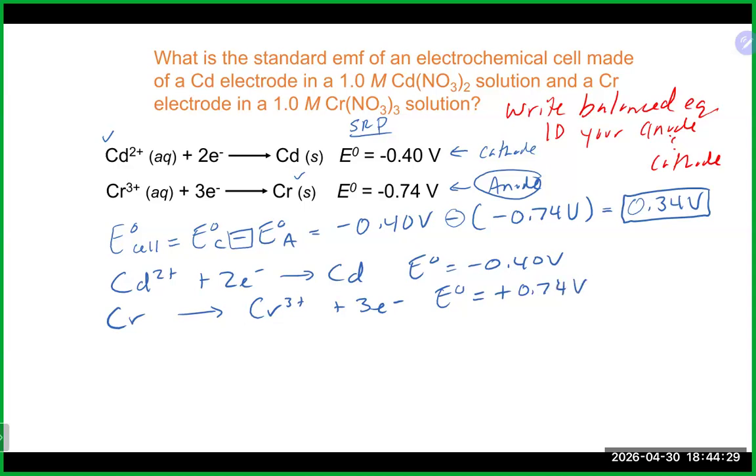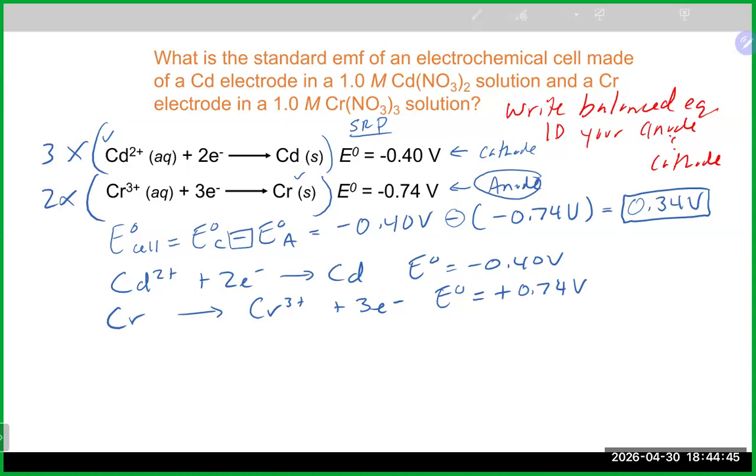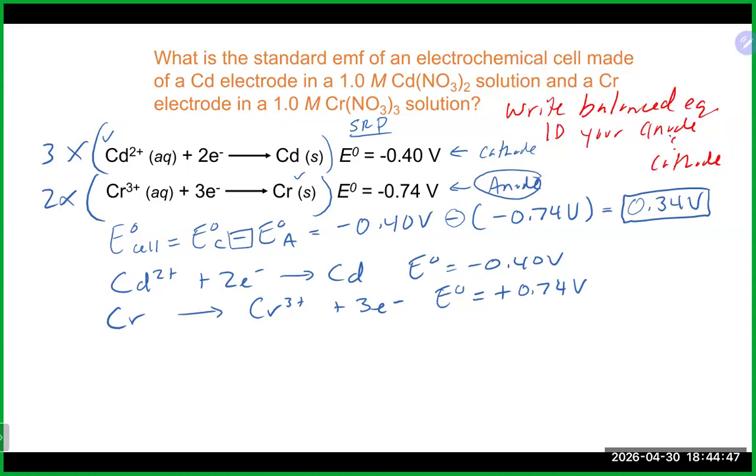By the way, I cannot add this together at this point because we have different numbers of electrons, right? So really, I got to take this top guy here and multiply it by 3, and take the bottom guy here and multiply it by 2, so that we end up with the correct number of electrons, which is 6 in this case.